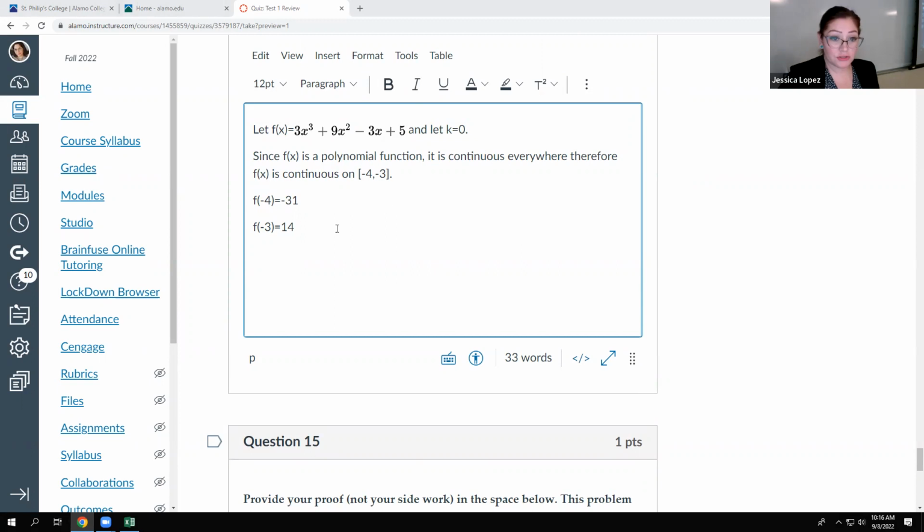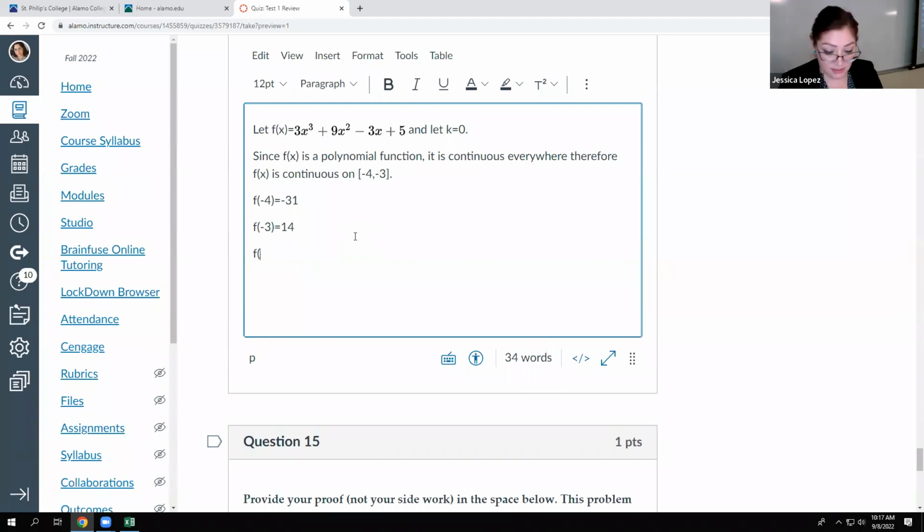And then all you have to do is say the second condition, which is: which one's the smallest y value? The k value, which is the y value, the -31 or the 14, which one's the smallest? -31.